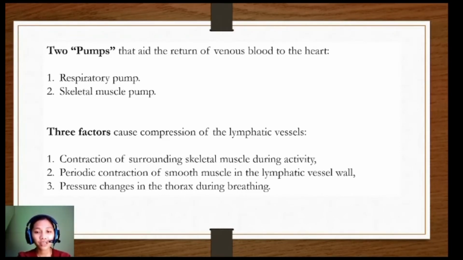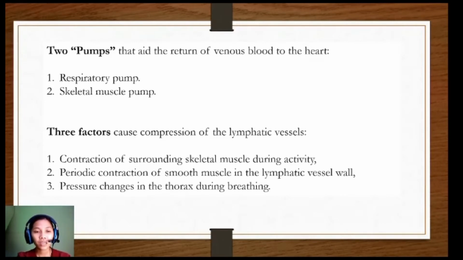That pressure squeezes the inferior vena cava and moves blood superiorly back to the right atrium. And for the skeletal muscle pump, contraction of skeletal muscle in the limbs, mainly the legs, squeezes veins and decreases the volume of the veins, which pushes blood superiorly up towards the heart.